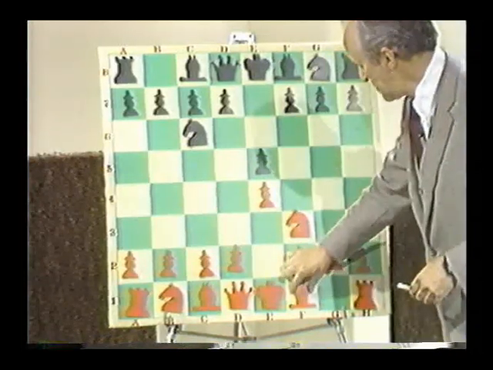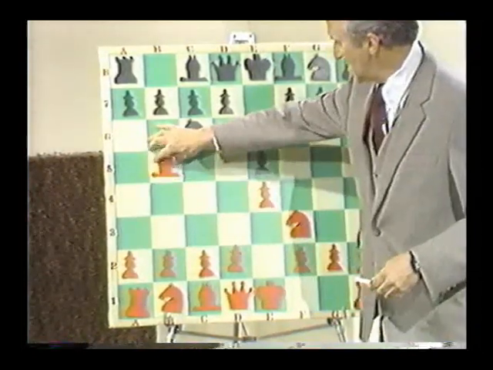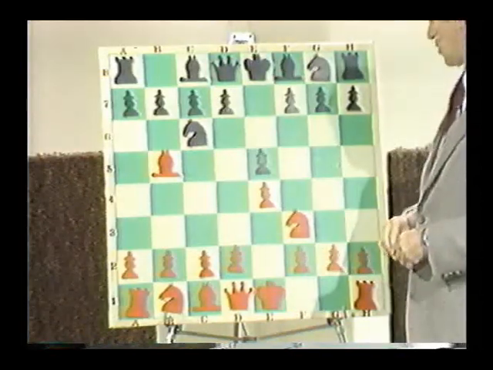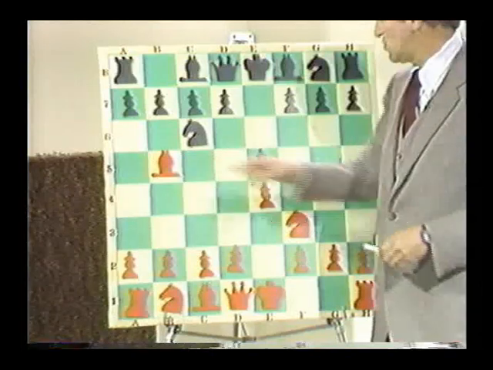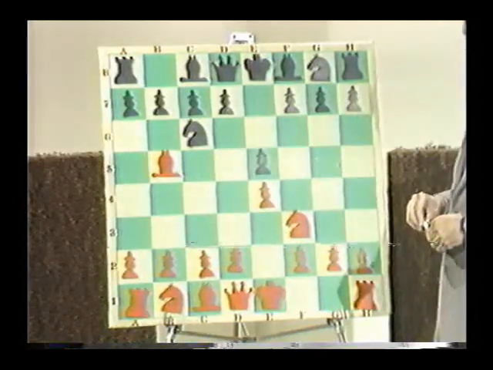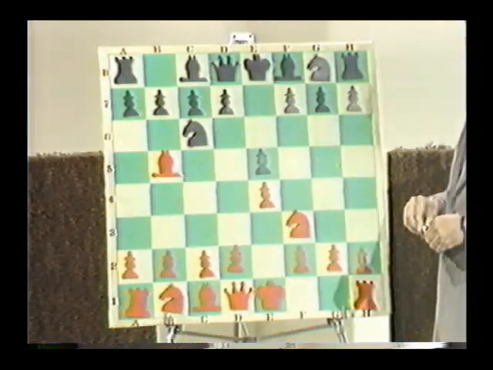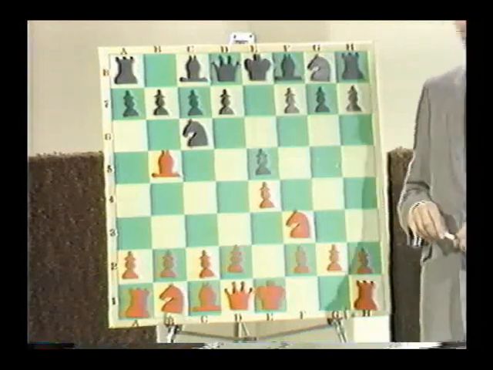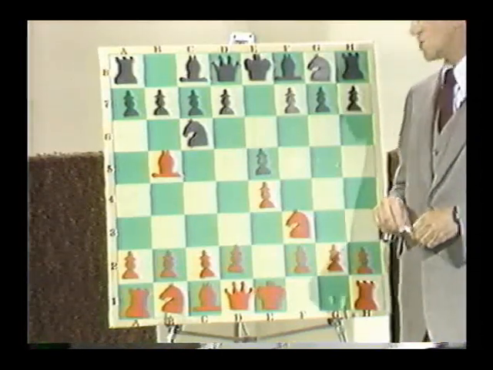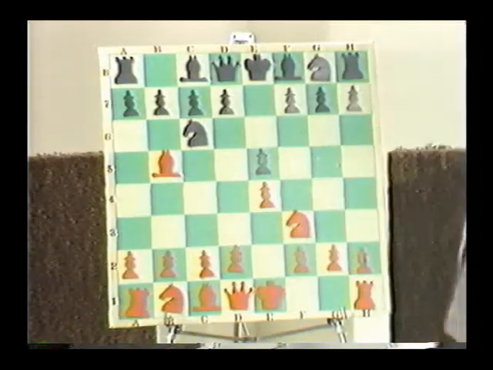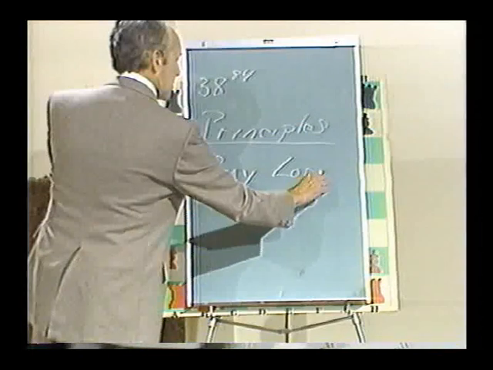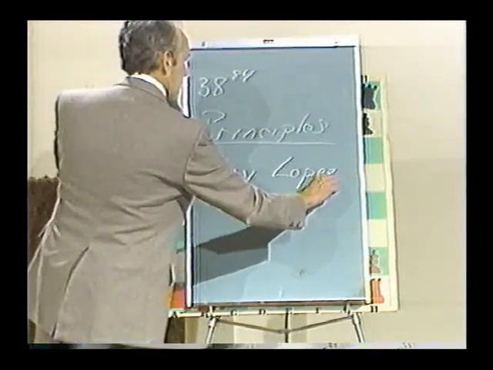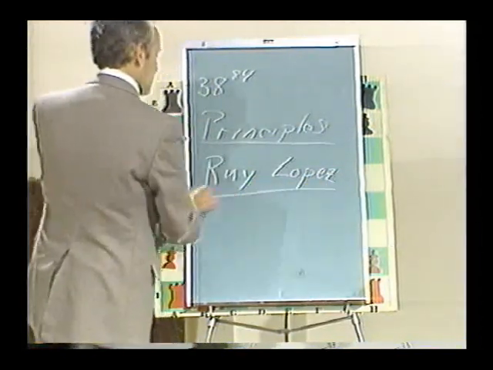And now the bishop comes out to b5, or queen knight 5. This move is what signifies the start of a specific opening system which is called the Ruy Lopez, which I'll write on the board. The Ruy Lopez. If you have books at home, you can look it up and study that.